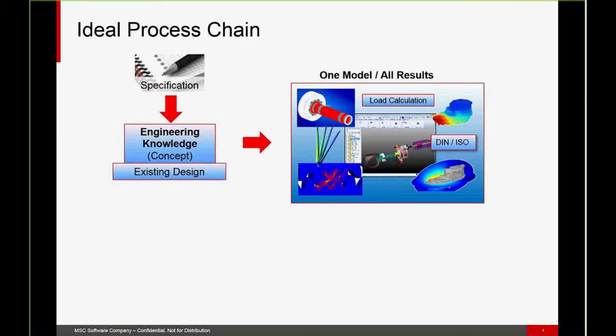That's clearly not possible. If you look at the different solver disciplines we are covering, acoustics, multi-body dynamics, FEM, it's clearly not one solver. But if we are not able to put everything together in one solver, perhaps it's possible to create an automated process chain.